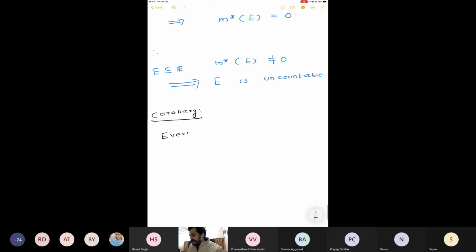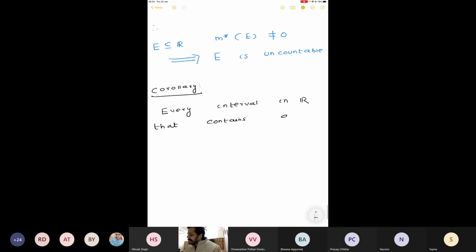Every interval in R that contains at least two points, which is what I mean by a non-trivial interval, is uncountable.